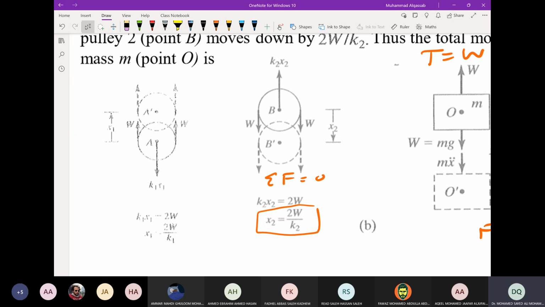Okay, for pulley number 1, we have the cord going around the pulley, so it is tension T and T here, and T equal to W. And the spring force by Hooke's law is K1 times X1. So sum of forces equal to 0.